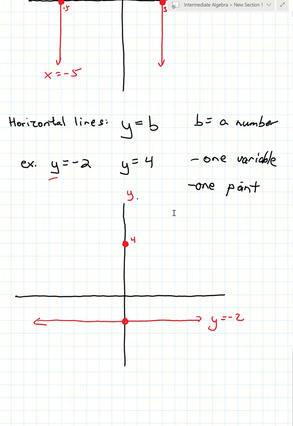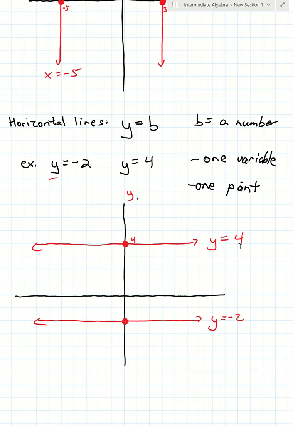And since we now have just the 1 point for the one variable, and that variable happens to be y, I know I must form a horizontal line through that one point to graph the equation y equals the number 4.